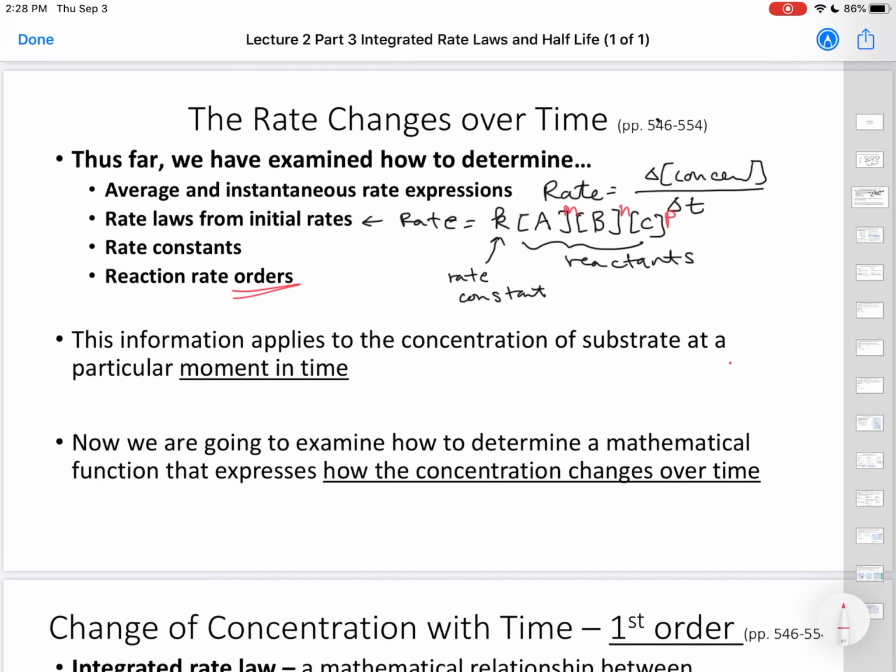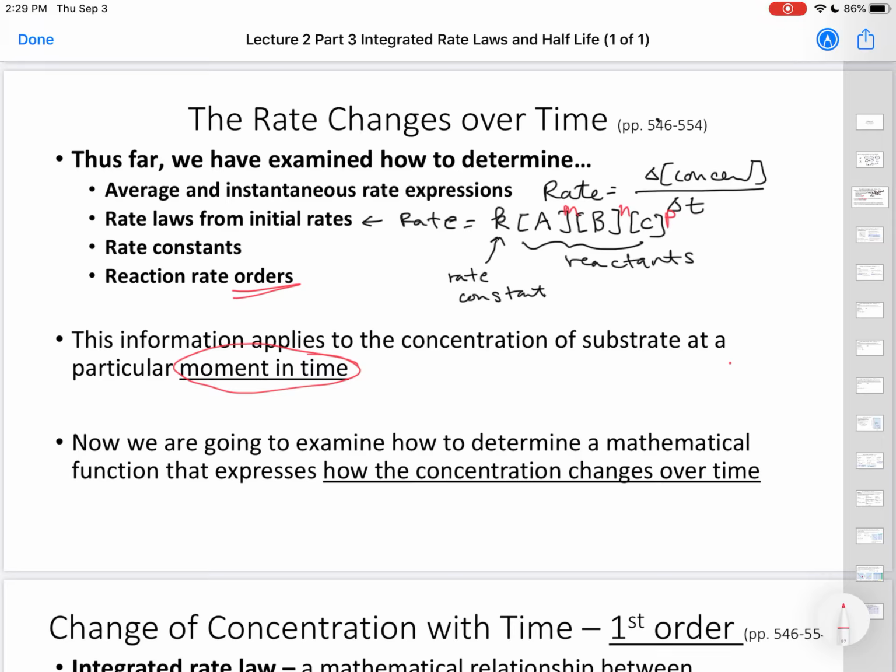Now, all this information that we've talked about so far applies to concentration of the substrate at a particular moment in time. So we have these graphs that we're going to show you in just a second. Basically, we're taking a snapshot and saying, this is the concentration at this set time.